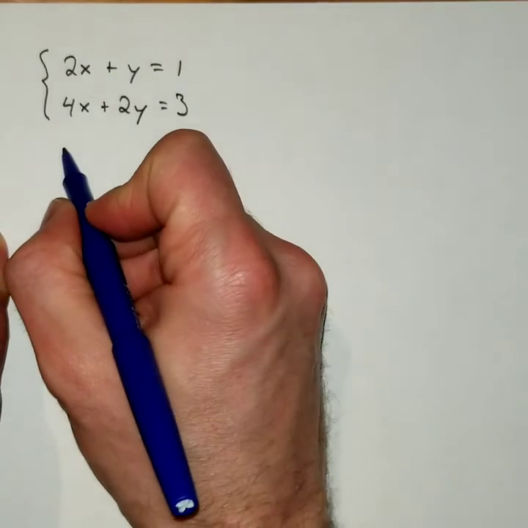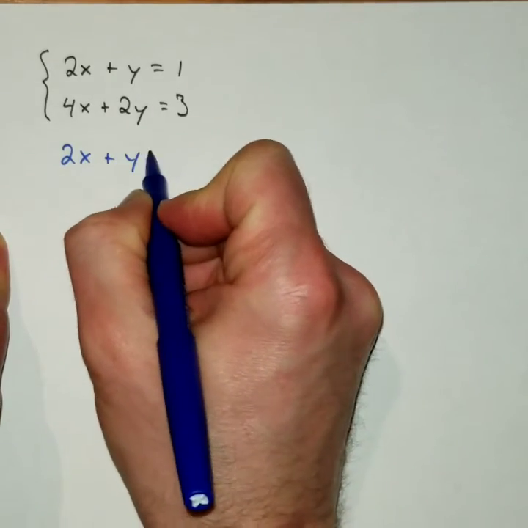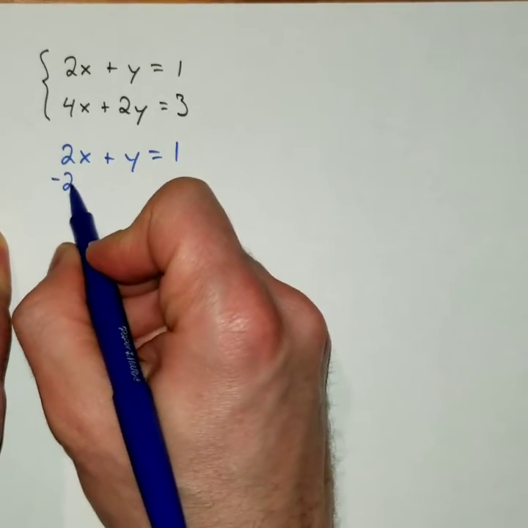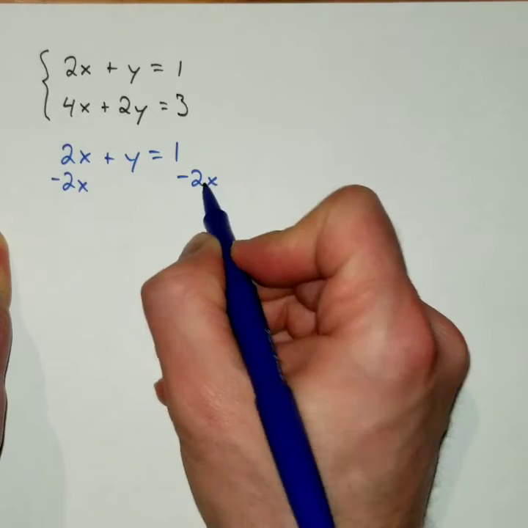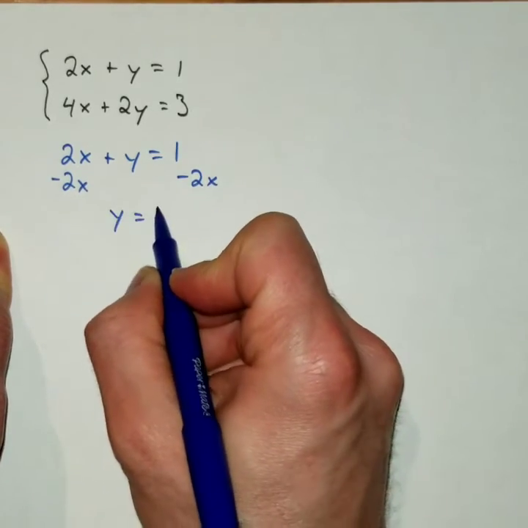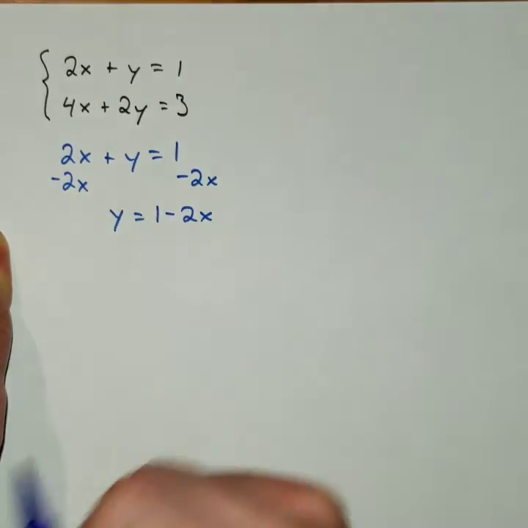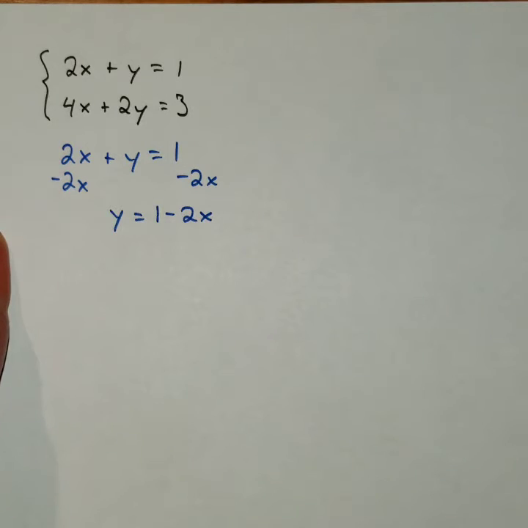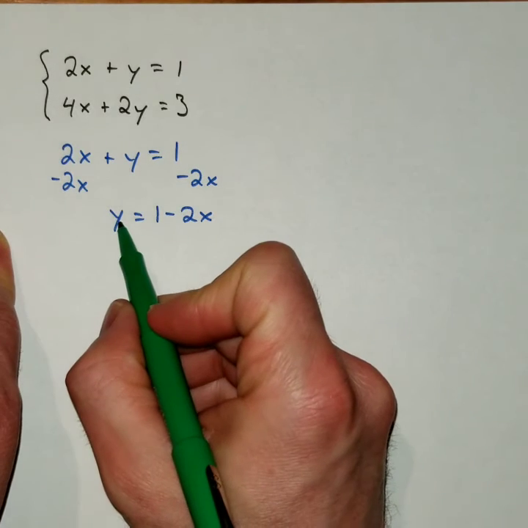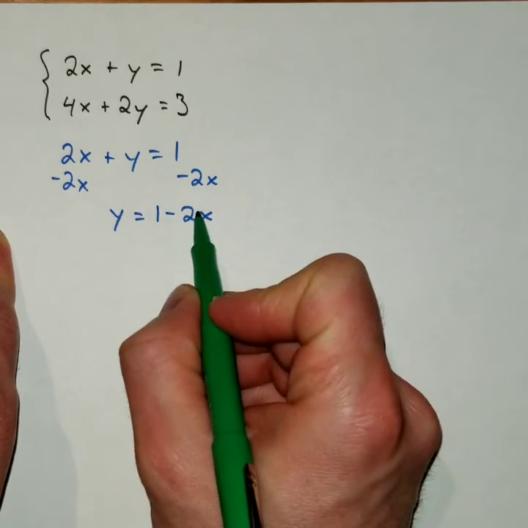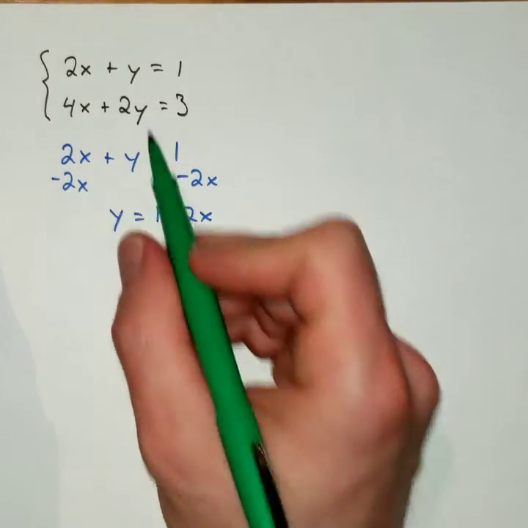So let's start with 2x plus y equals 1. Subtract the 2x from both sides. Y is equal to 1 minus 2x, and notice I did not have to divide out by a coefficient on the y.